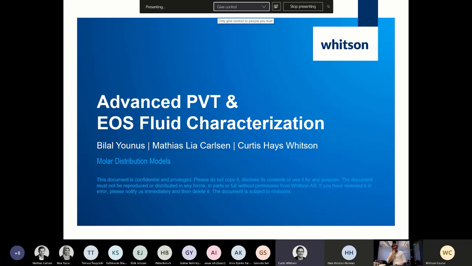I think Bilal can probably comment on that. I can add some. Actually, there is not a straightforward answer to this question, because there are different tools and techniques for integrating the TBP data and the GC data together for C7 plus characterization. The tools and techniques that we generally use for this kind of analysis are something we are going to discuss tomorrow, when we will be developing the field-wide equation of state model.